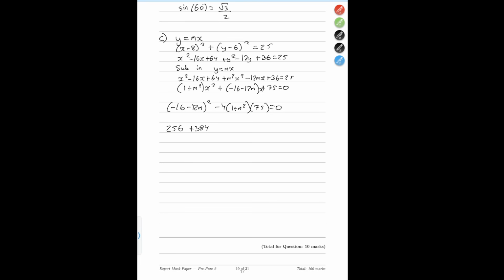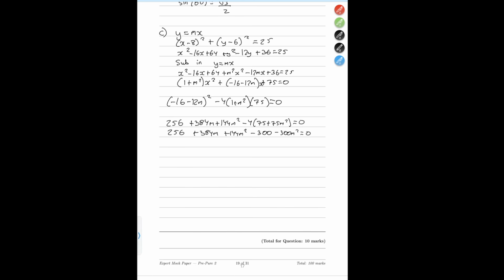Yep, it's 384. Then plus 144 m squared minus 4 times 75 plus 75 m squared equals 0. So 256 plus 384 m plus 144 m squared minus 300 minus 300 m squared is equal to 0.